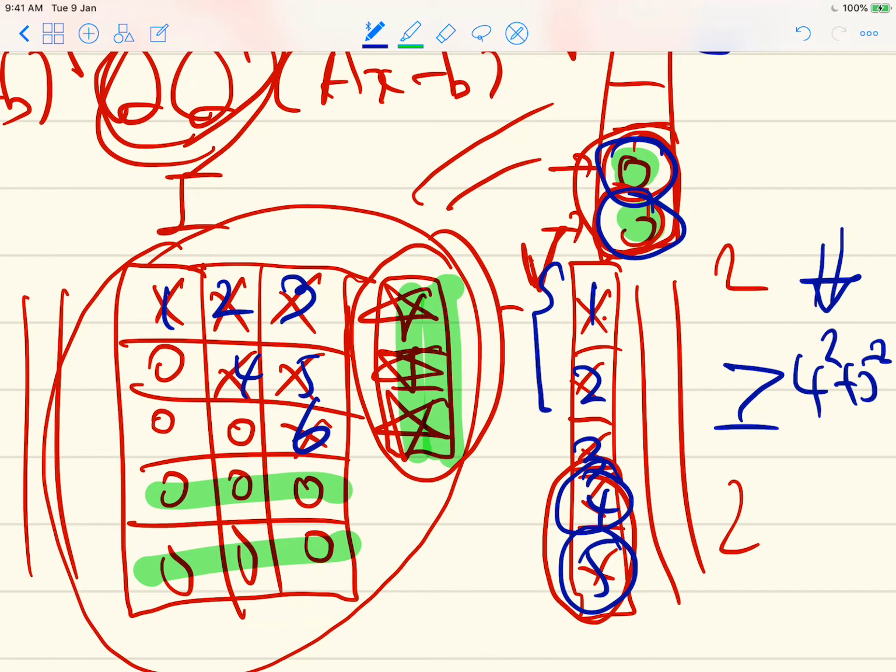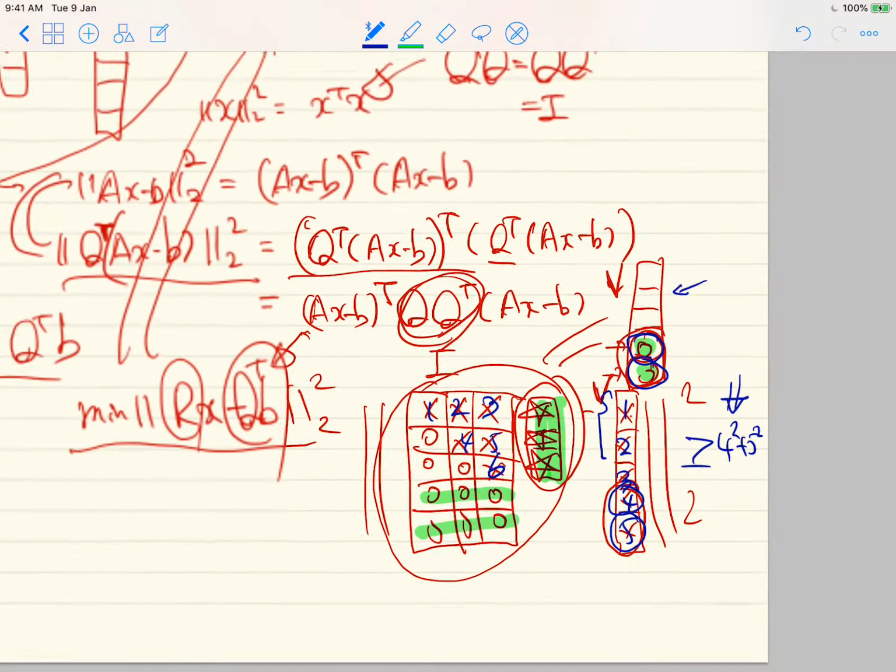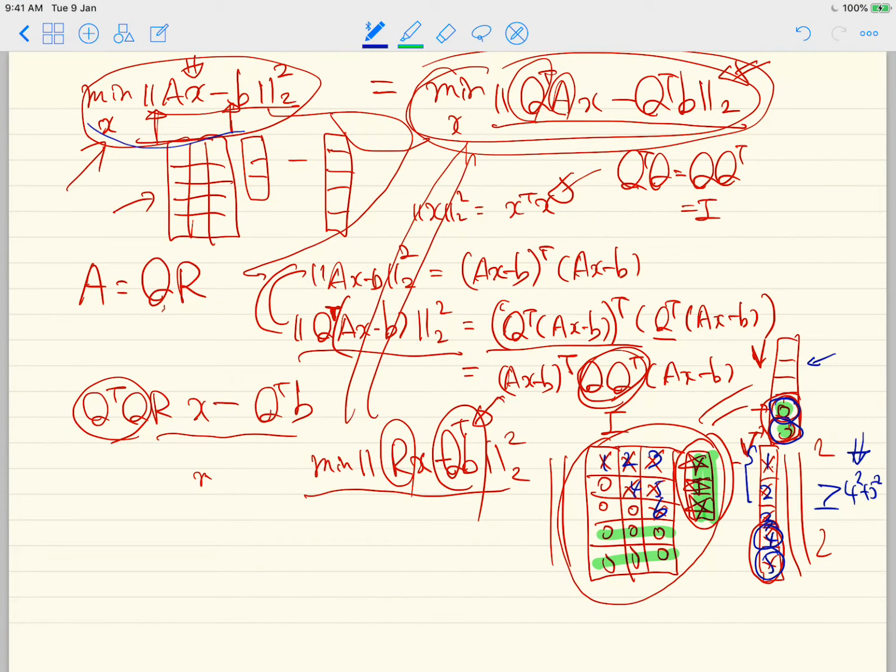So in this form, if we obtain this QR decomposition and then change this least square problem into this Rx minus Q transpose B, then the situation becomes much simpler, okay?